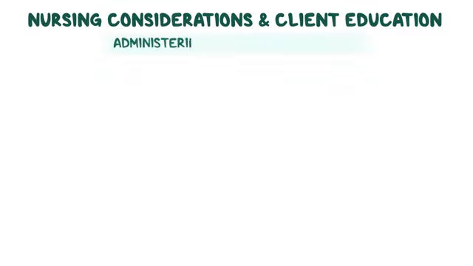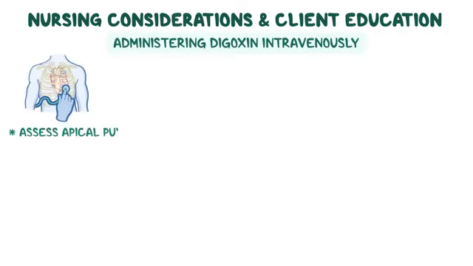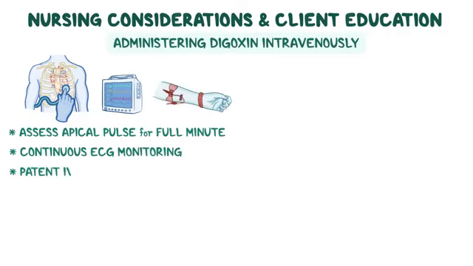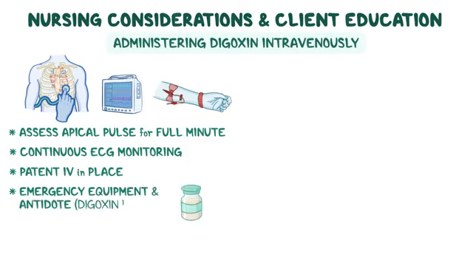Now, when administering digoxin intravenously, be sure to assess your client's apical pulse for a full minute and ensure they are on continuous ECG monitoring and have a patent IV in place. Next, confirm that both emergency equipment and the antidote, digoxin immune Fab, are readily available.